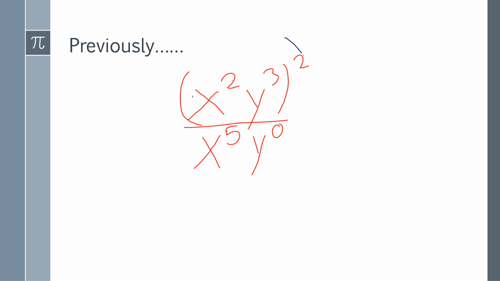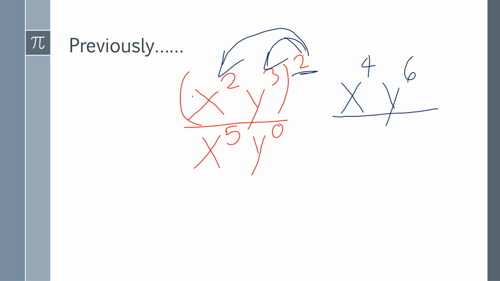So the first thing we have to do to make things easier on ourselves, just like the order of operations works with anything with parentheses, is multiply this number through, which is x to the 4th y to the 6 over x to the 5th, and x to the power 0. Alright, now from there, since we have division, we gotta use subtraction.